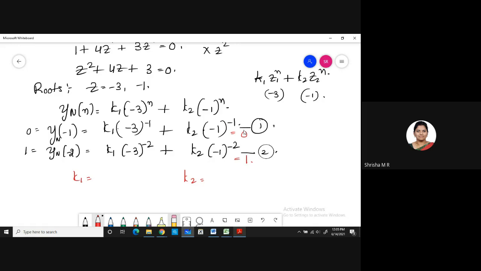What is 9 by 2? Minus 4.5, and 3 by 2 is 1.5. So your natural response will have K1 as minus 4.5 and K2 as 1.5.